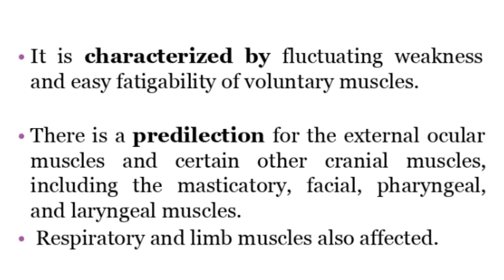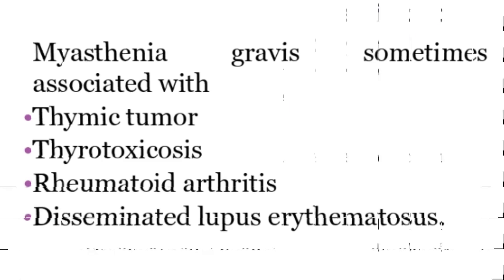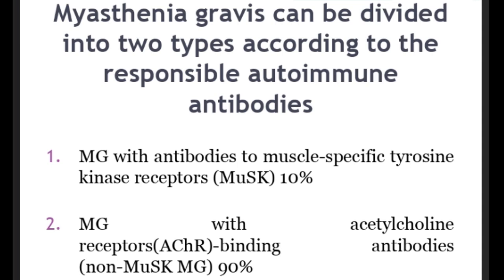In myasthenia gravis, the binding of autoantibodies to the postsynaptic receptors disrupts normal neuromuscular transmission. Myasthenia gravis is sometimes associated with thymic tumors, thyrotoxicosis, rheumatoid arthritis, and disseminated lupus erythematosus, as autoimmune disease associations. It can be divided into two types according to the responsible autoimmune antibodies.